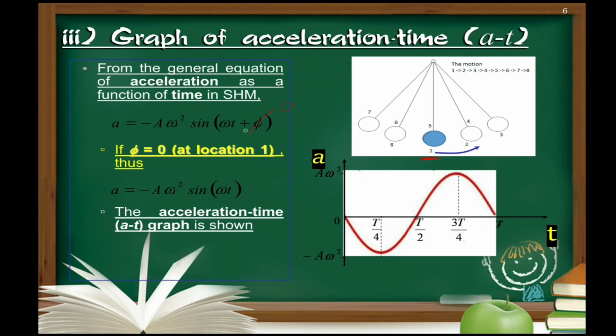If you plug in that 0, you're going to get a equals negative A omega squared sine omega t. So what kind of graph is this? Negative sine. Be careful. This is what we call the maximum acceleration. And we have a function of negative sine. So negative sine is this graph.